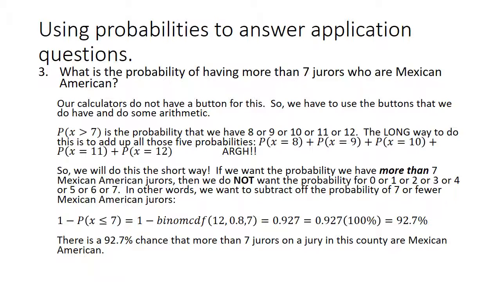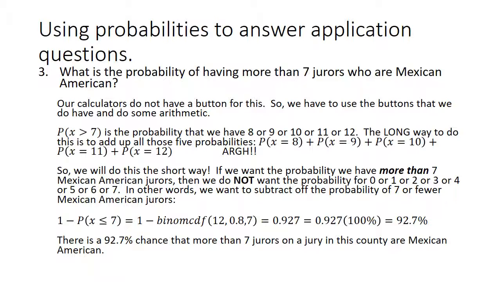Ugh. Do we really want to do that, especially if we have something like 500 patients in a clinical trial and we want the probability that 100 or more have heart attacks? No, we're not going to go and add 400 things.